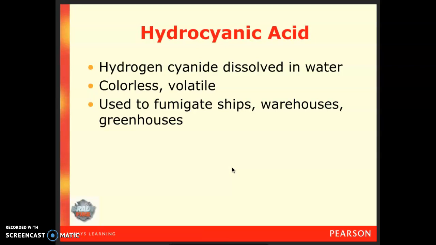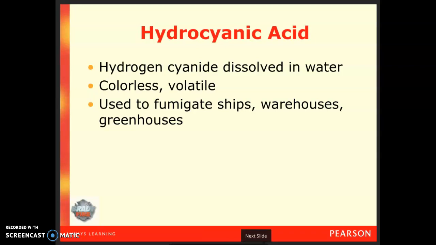So if we're trying to kill bugs, vermin, rodents in large areas, and we're fumigating the whole building, fumigating a whole greenhouse, hydrocyanic acid is one way that it is done, where you're able to completely clear the area and very quickly kill pretty much any living thing that is inside of these large square footage areas.